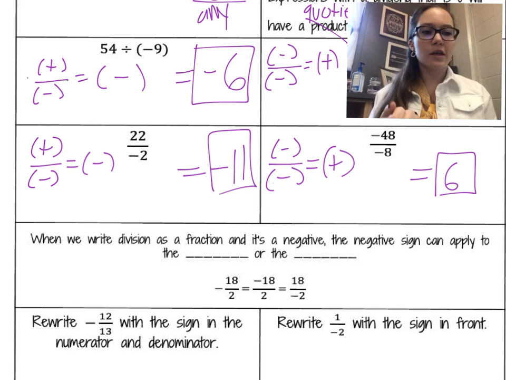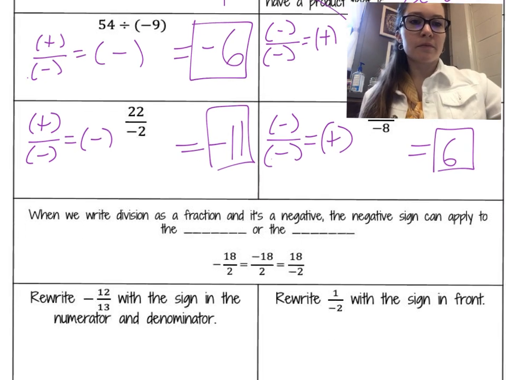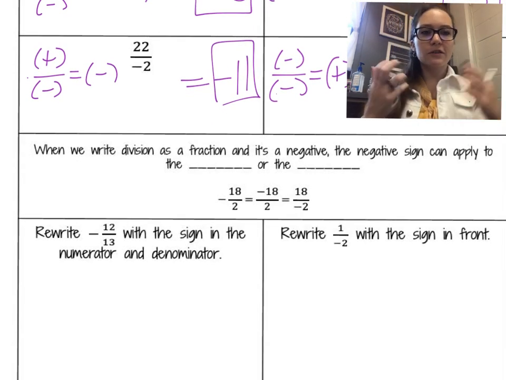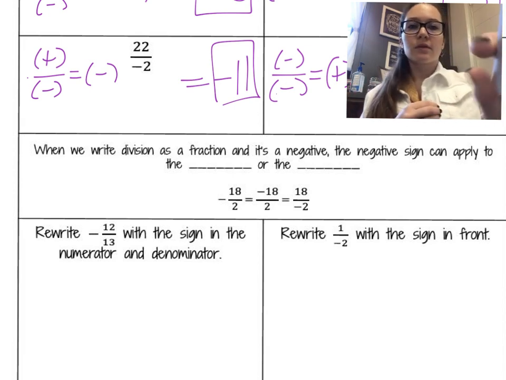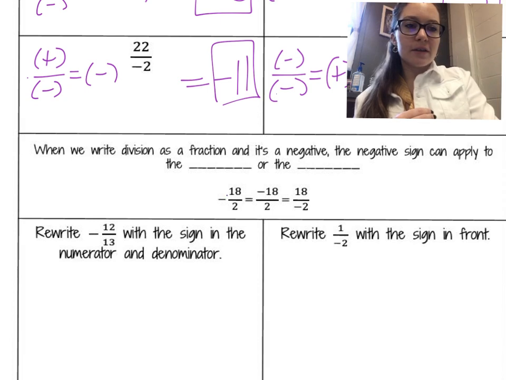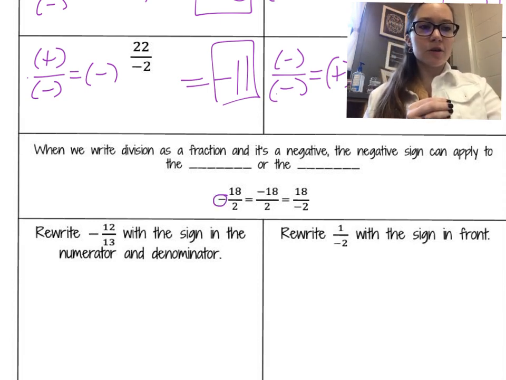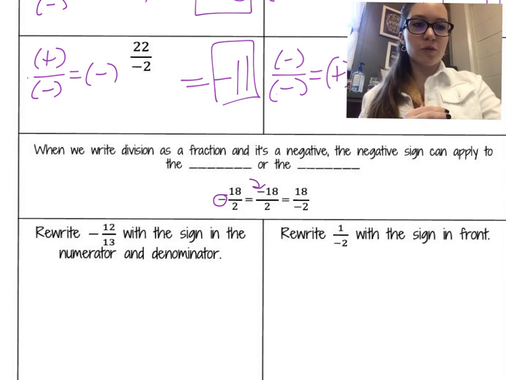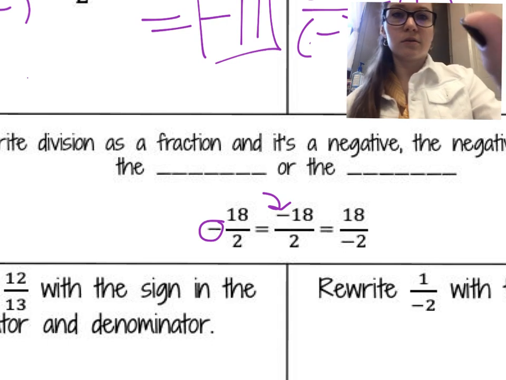Okay, and then I just want to talk about different ways we might see fractions. Okay, so when you write division as a fraction and it's negative, you can put the negative sign multiple places. So right here we have the negative outside, but it can apply to the numerator. Oh, I wrote these spaces really tiny, huh?